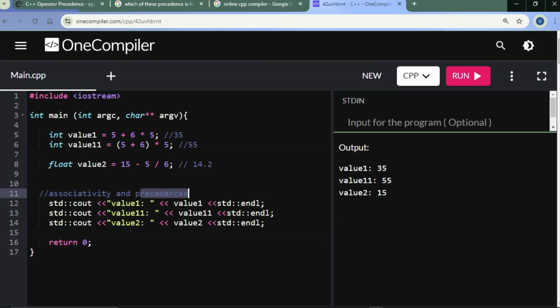Now, precedence takes the higher. When we have this value here, precedence will take advantage first. What precedence does is that it considers the highest operators here. Which is the highest operator? It is multiplication.